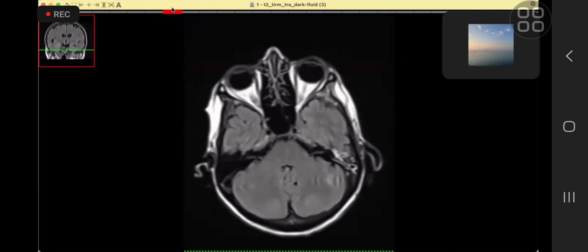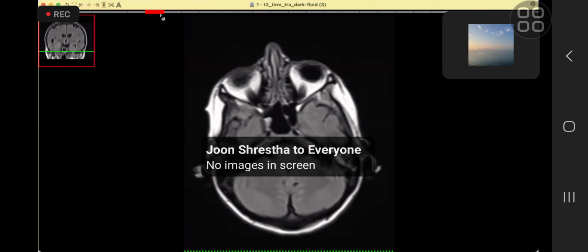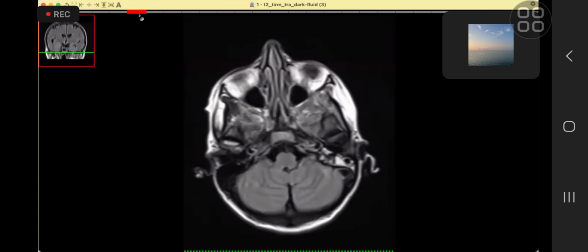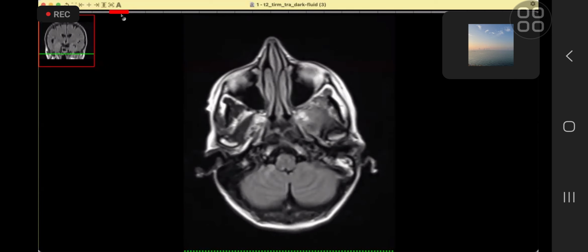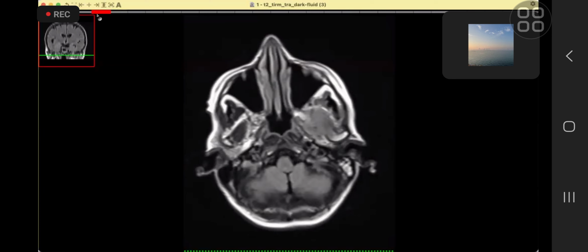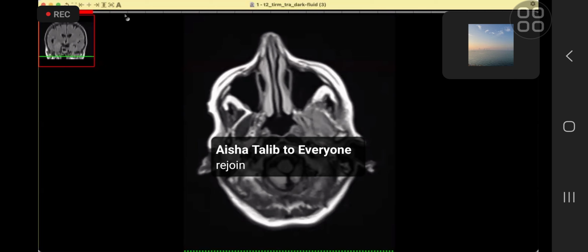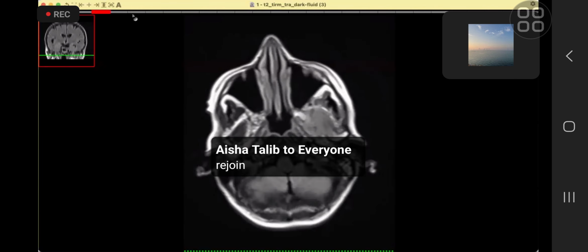I can see some high signal intensity in the area of the mastoid air cells, and also at the area of the left transverse sigmoid sinus. However, I can see the preserved normal flow void in the left sigmoid sinus, but there is an abnormal high signal intensity present in the mastoid air cells on the left side. This might signify mastoiditis and inflammation.